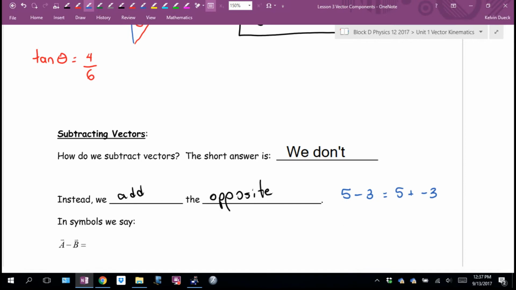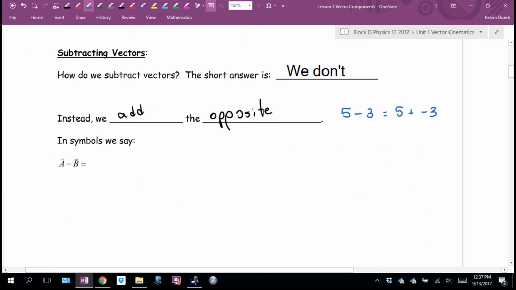I said even more generically, that symbol in front of a term means its opposite. So in symbols, vector A take away vector B, we're actually going to go vector A plus the opposite of vector B. What would the opposite of vector B be? If vector B was west, the opposite would be east. If vector B was north, the opposite, south.